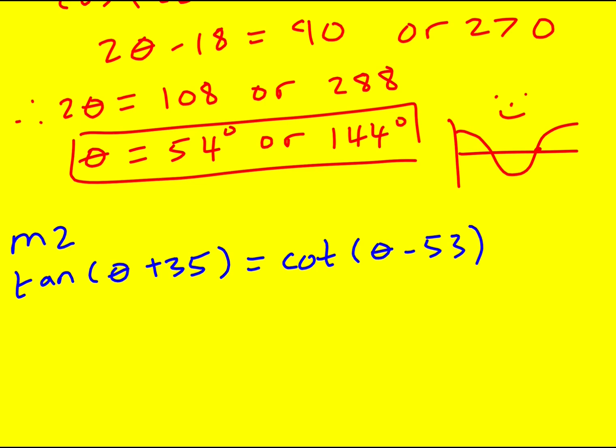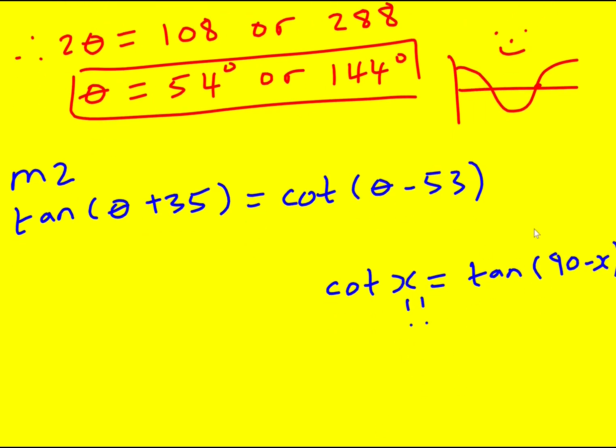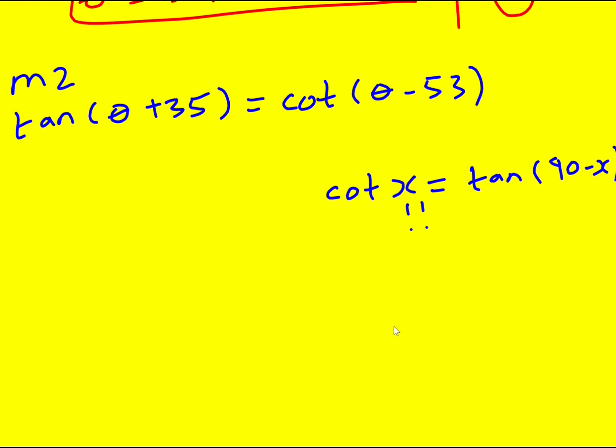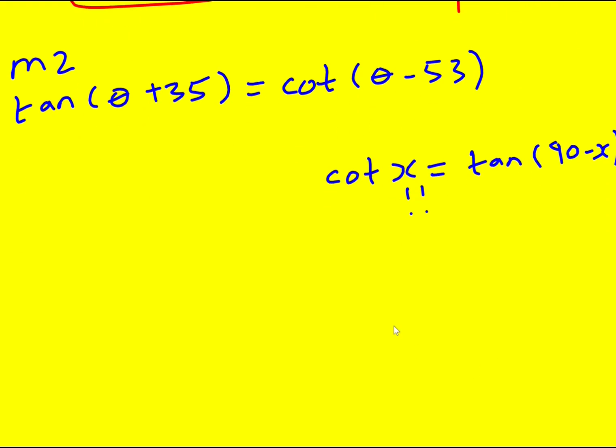Now there's actually an identity that cot of x is in fact tan of 90 minus x. This can be seen if you apply transformations to tan. I'm not going to go into that right here because that's not a convincing argument. I would like to show you a more convincing argument, however.